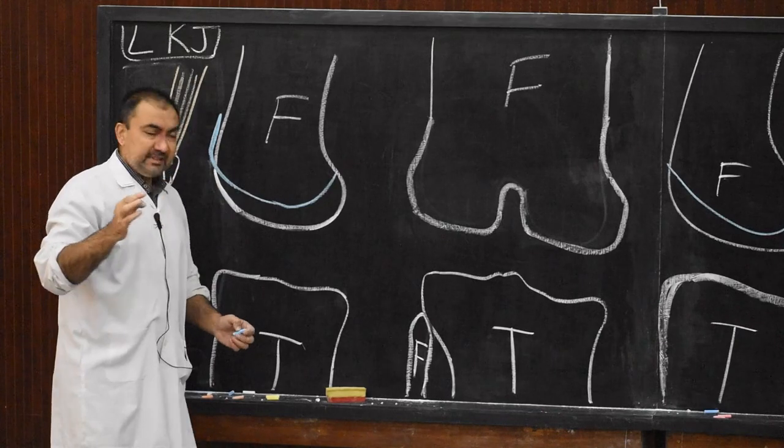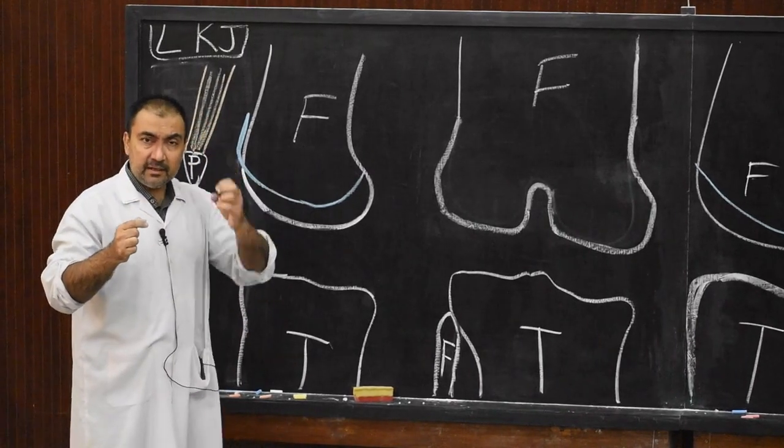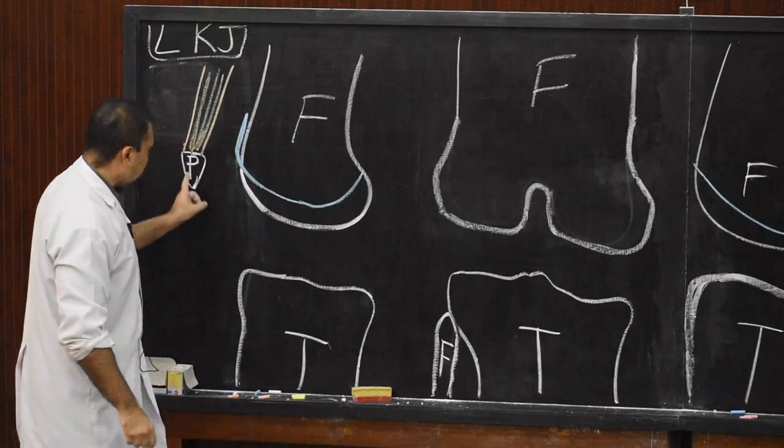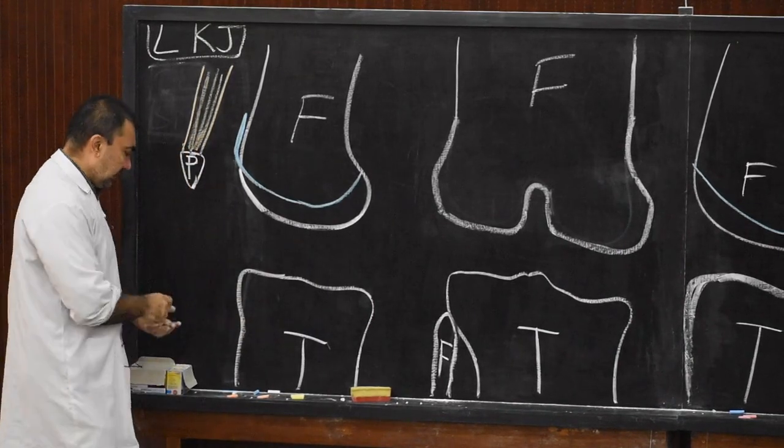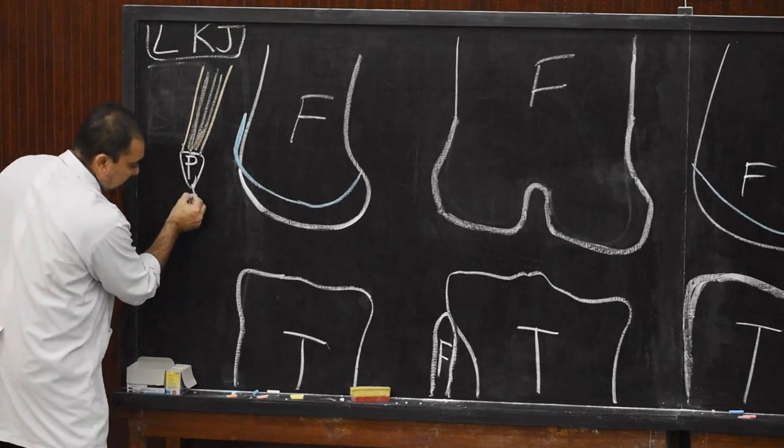Now we start with anterior. Anteriorly it is attached to the tibial tubercle and ligamentum patellae. If I take the help of this diagram, the ligamentum patellae is connecting the apex of the patella with that of the tibia.